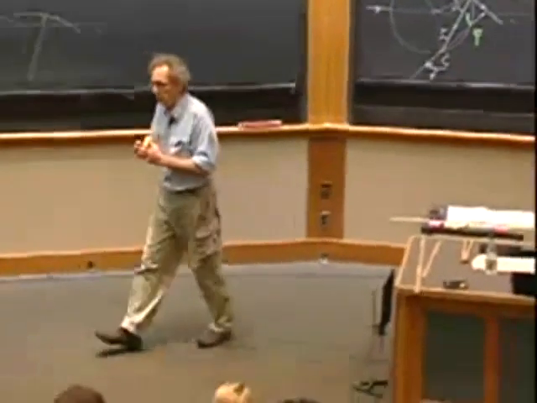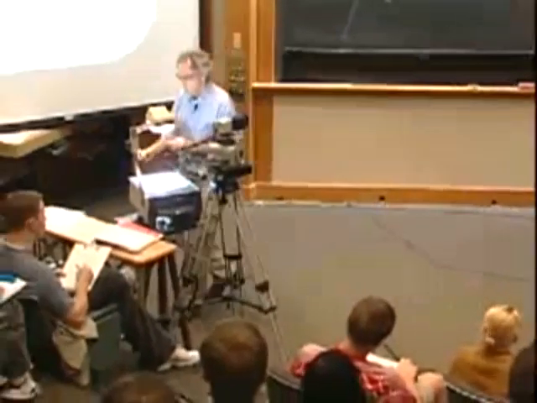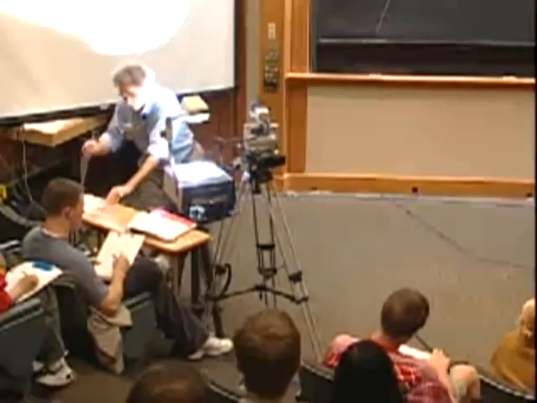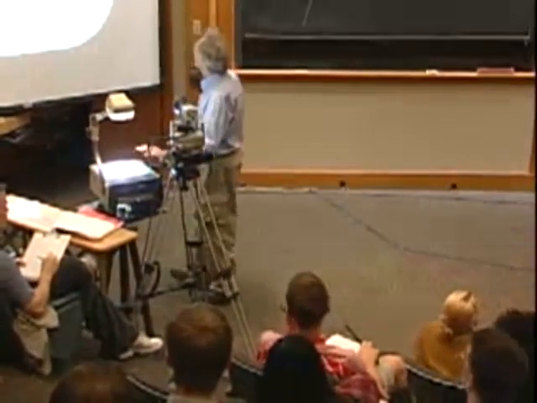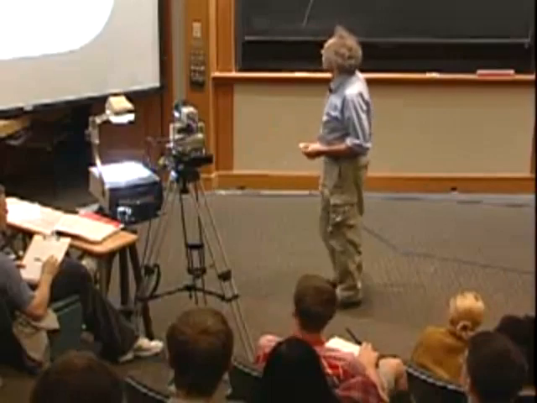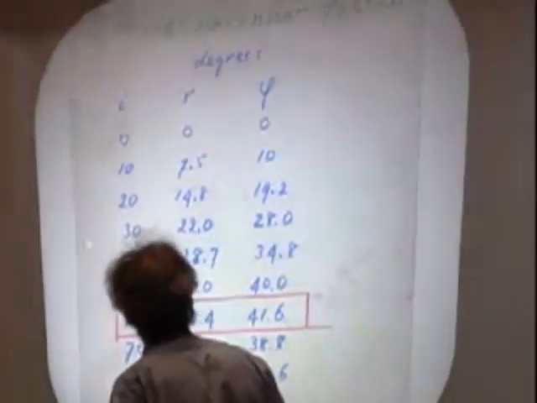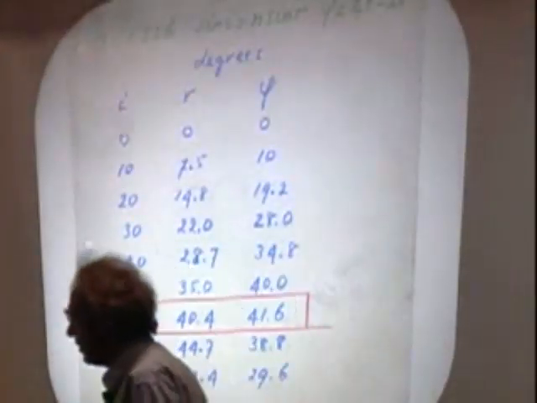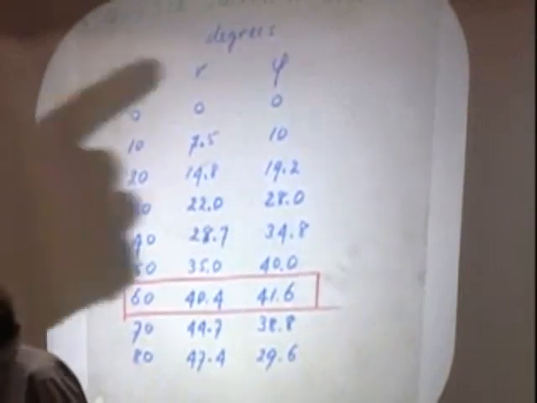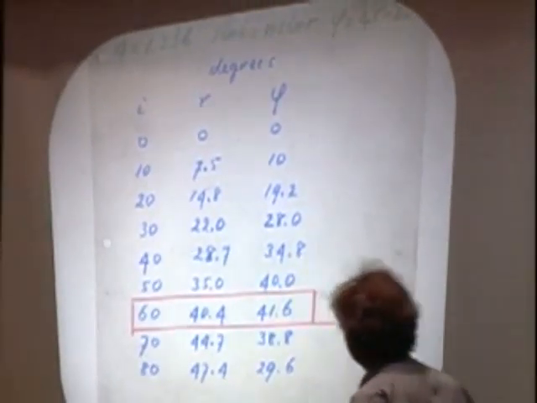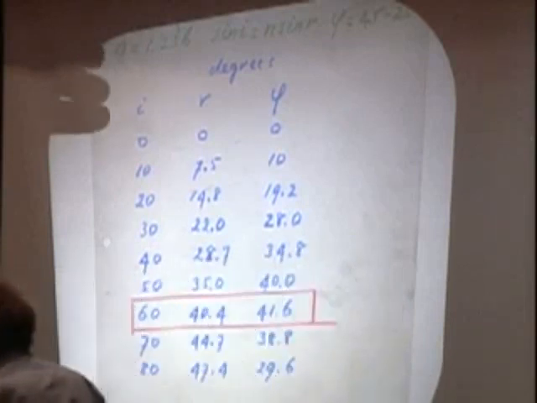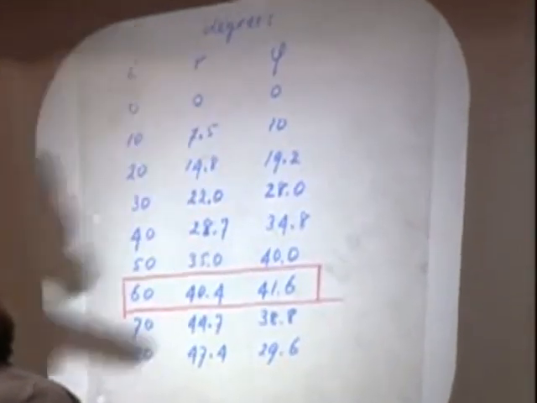And you can see that very easily. It is a simple exercise that is no more difficult than applying Snell's law. You see Snell's law there at the top, and I remind you that phi is 4R minus 2I. So you pick an angle of I, you calculate R with Snell's law, and you calculate phi. And you see indeed that in the beginning, as I goes up, R goes up and phi goes up.